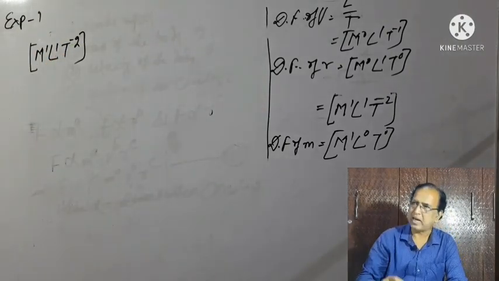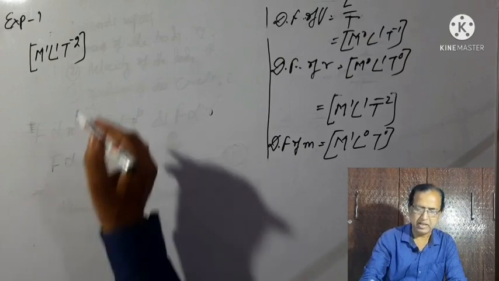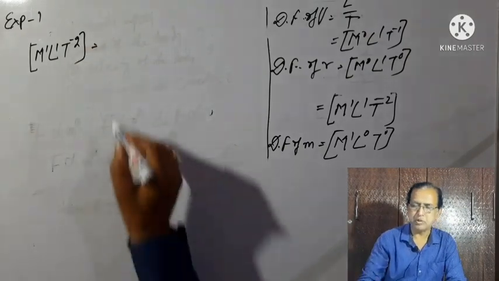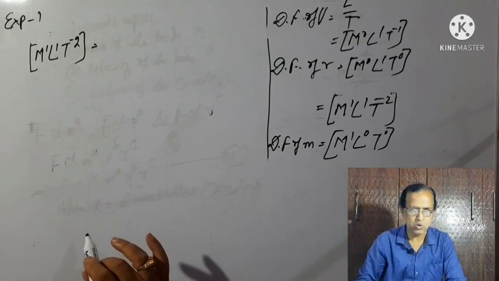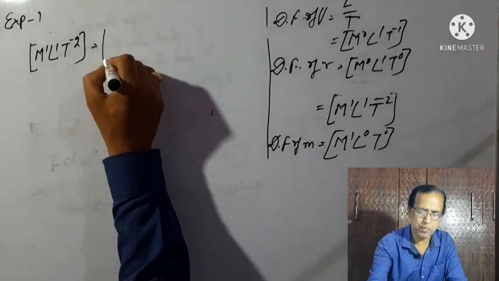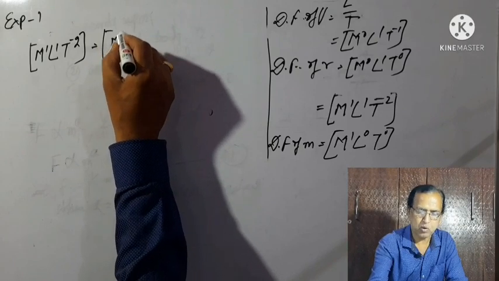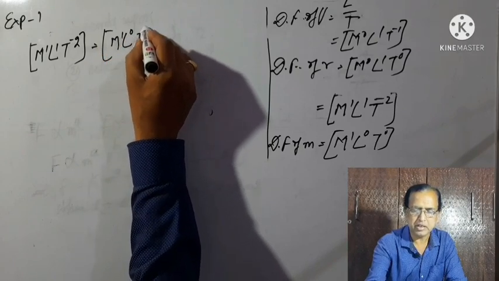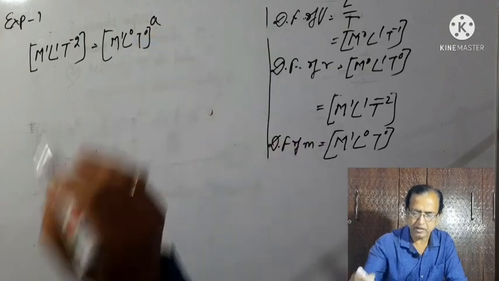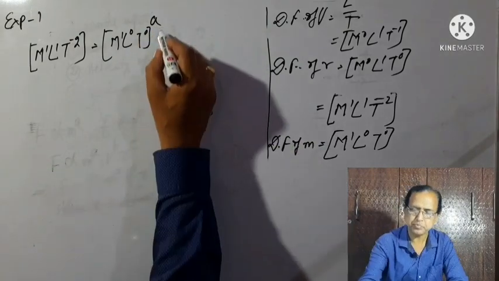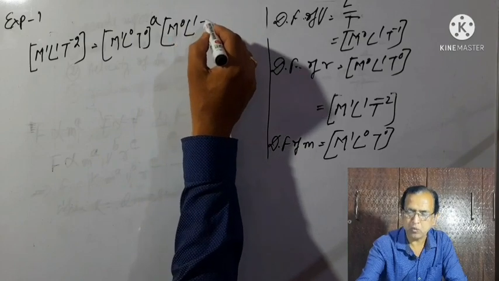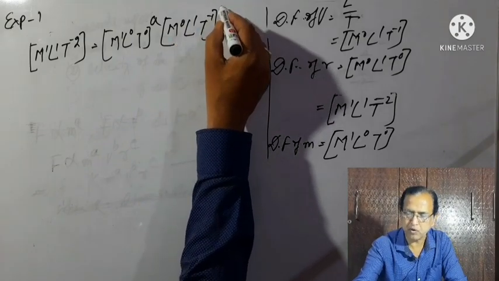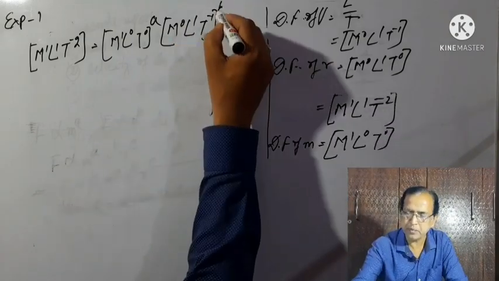K is dimensionless. Then mass is M1 L0 T0 to the power a. Then velocity v is M0 L1 T minus 1 to the power b.